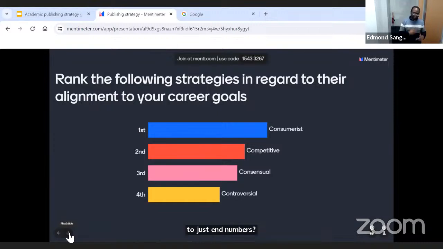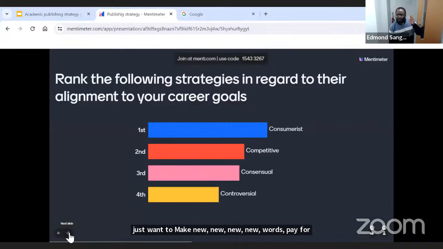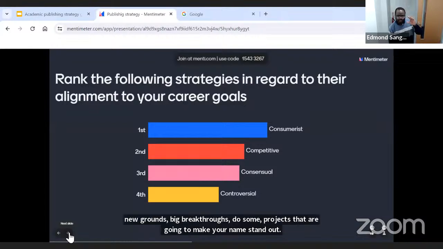Do you want to be the first? Or do you want to be just someone who agrees, network with other people? Or you just want to make new roads, pave new grounds, make breakthroughs, do some moonshot projects that are going to make your name stand out. So you need to really think about all those things.